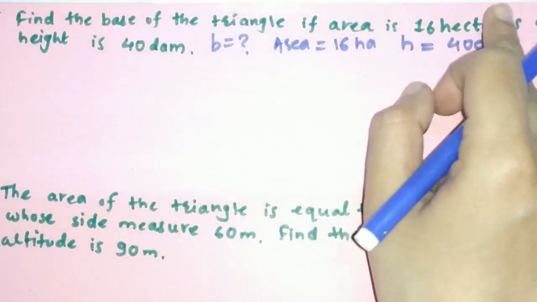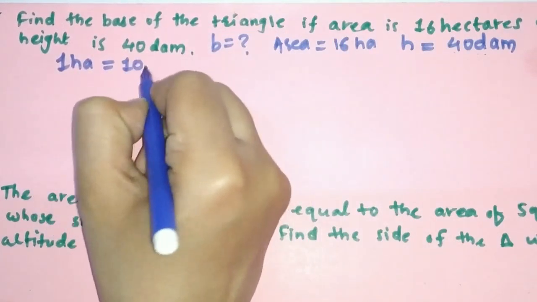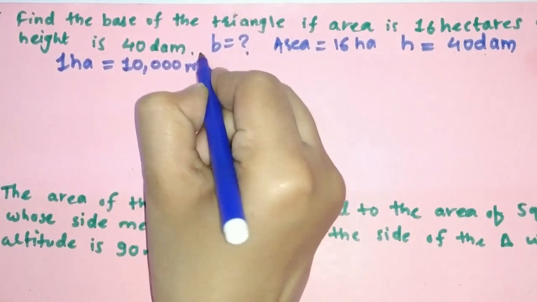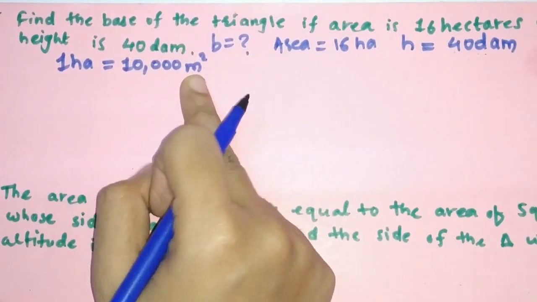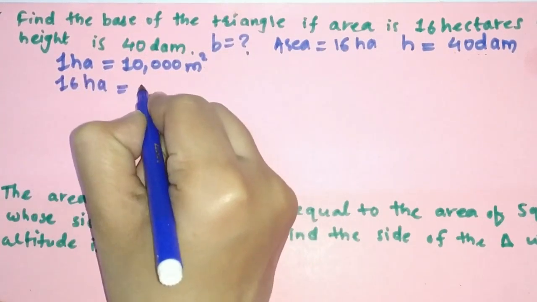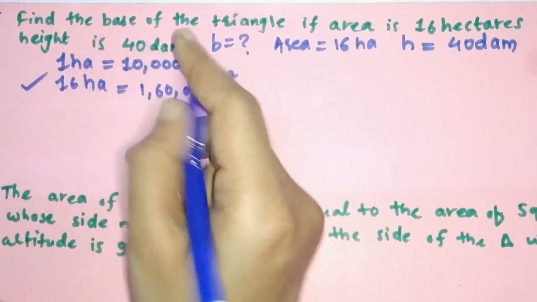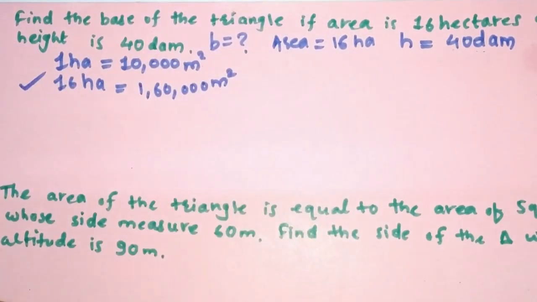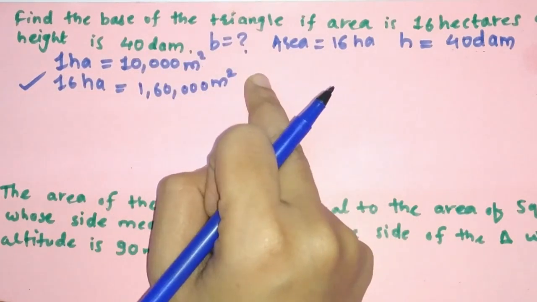So we know that first of all, 1 hectare is equal to 10,000 meters square. This you should learn. 1 hectare is equal to 10,000 meters square. So 16 hectares are nothing but 1,60,000 meters square. We do 16 into 10,000, so 1,60,000 meters square.